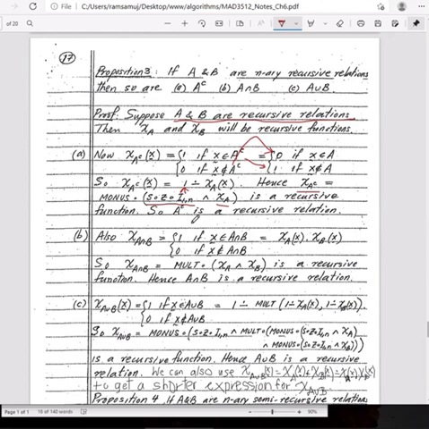Now, how about the intersection? The intersection is, again, very nice. So you say, okay, what is chi of A intersection B? Remember, if you want to show that A intersection B is a recursive relation, you have to show that this characteristic function is mu recursive. So chi of A intersection B is 1 if you're in A intersection B, and 0 if you're not.